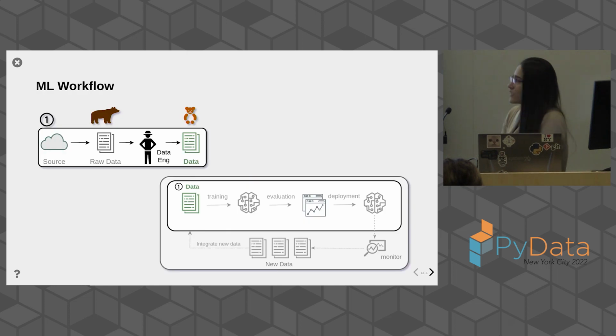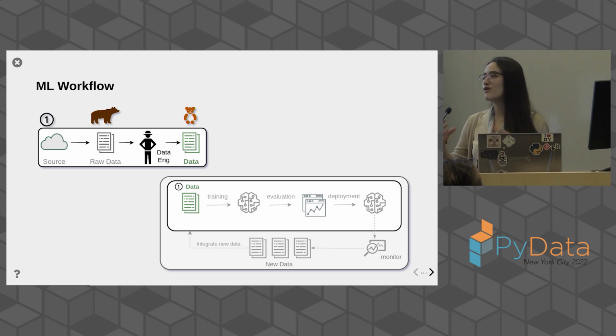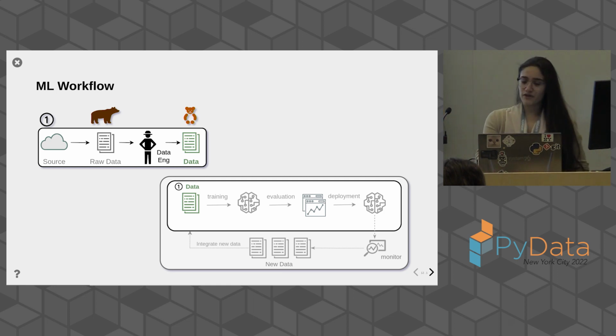The reason is that the data we are cleaning and standardizing is only the first step in a much longer process. This first step, where the data engineer takes the source and the raw data and makes decent data out of it, then goes through the training process.